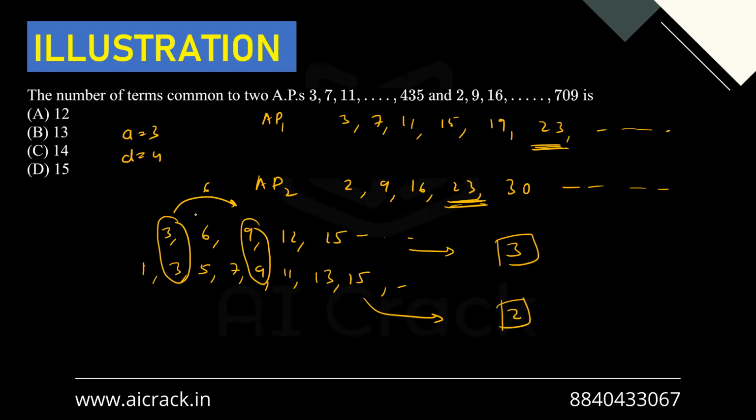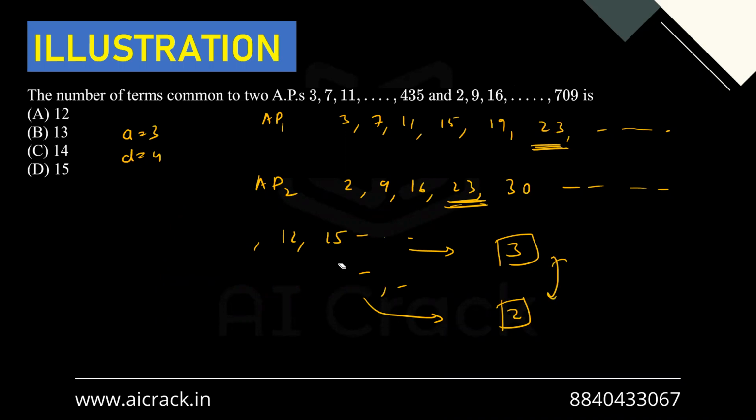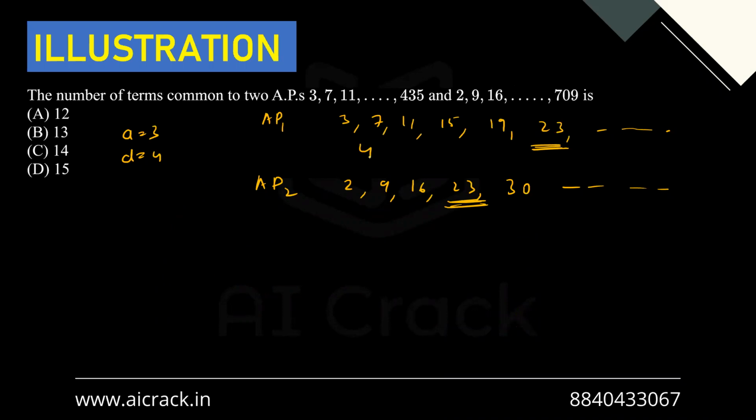Now I can clearly see that in the AP formed by the common terms, the common difference is 6, and that is the LCM of 3 and 2. So over here, we can apply this similar concept. We have a common difference of 4 over here, and a common difference of 7 over here.